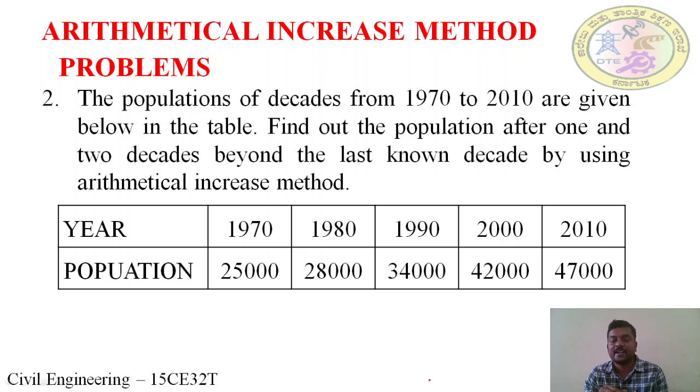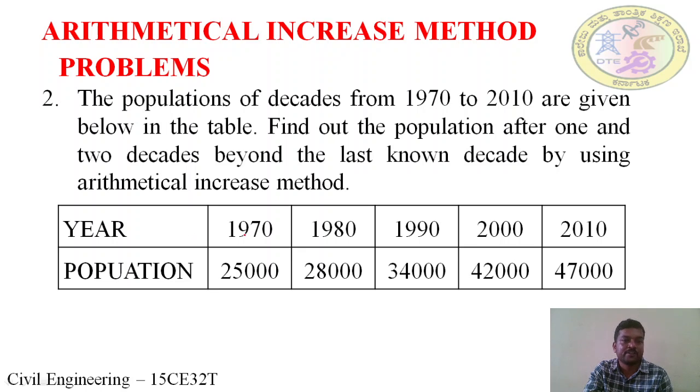For better understanding, let us solve another problem by the same method. Here the population of decades from 1970 to 2010 is given in the table. Find the population after 1 and 2 decades beyond the last known decade by using the arithmetical increase method.